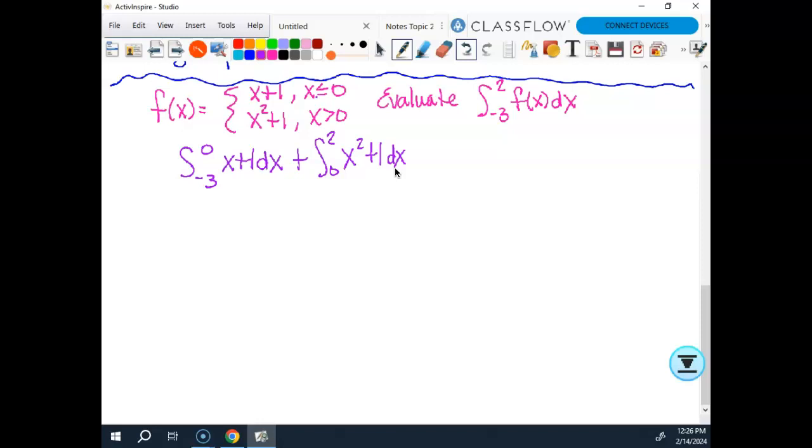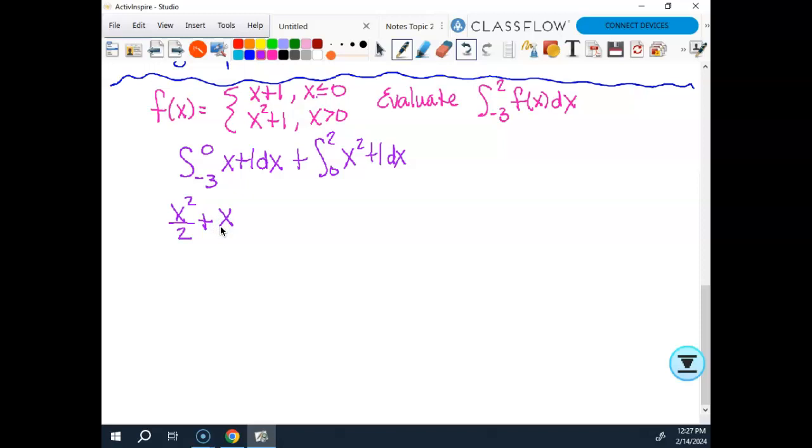Now, are these pretty easy things to integrate? Yes, not so bad. So when I integrate this first one here, when I integrate x, what do I get? X squared over 2, or 1/2 x squared, whatever you prefer to do. Plus, when I integrate 1, what do I get? X. Do I really need to put the plus c?